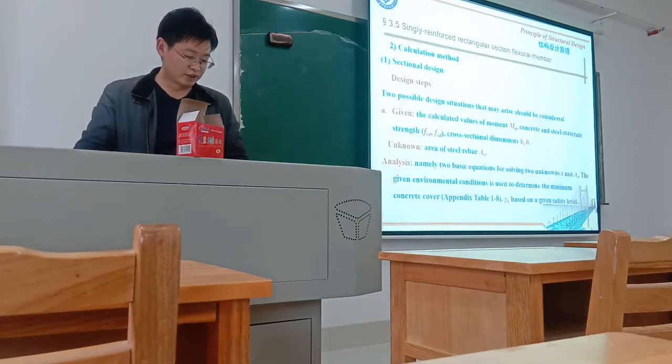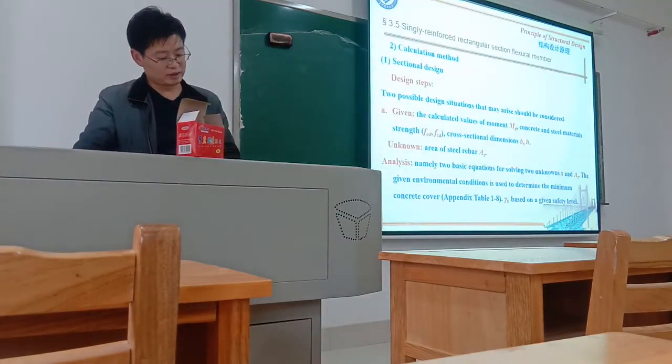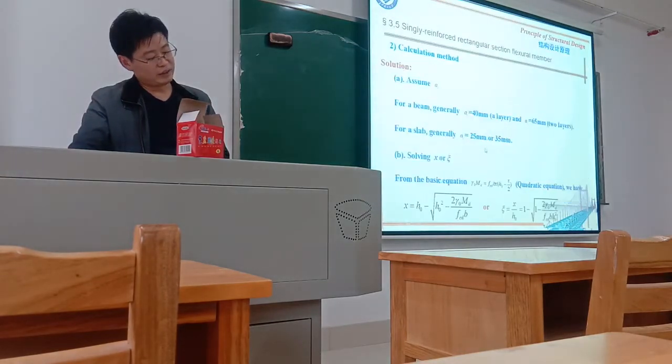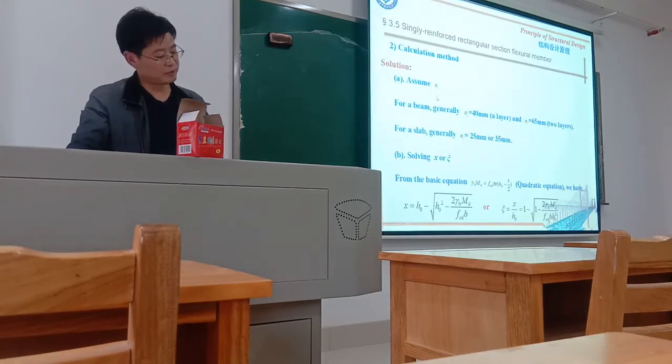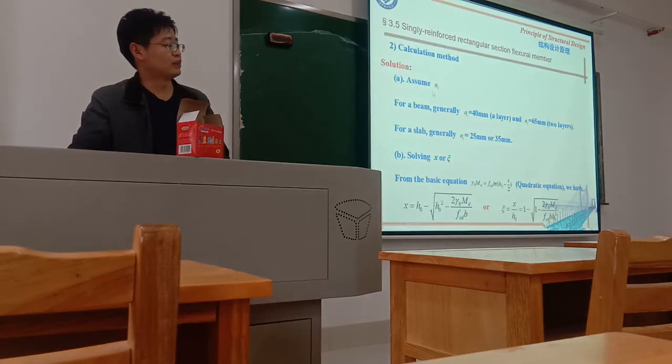So for this situation, everything I told you, the dimension, the material, and the outer load, after calculating the reinforcement area, then if we solve this problem, the first step normally you need to assume AS.